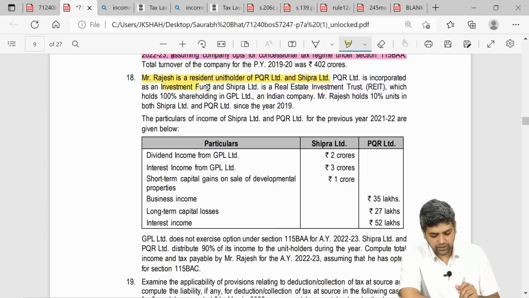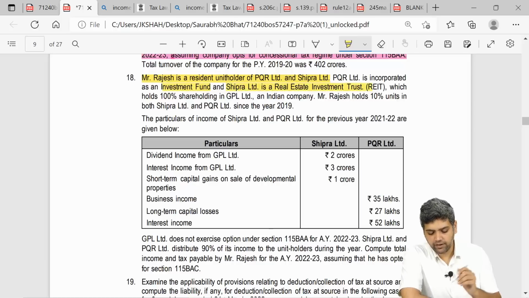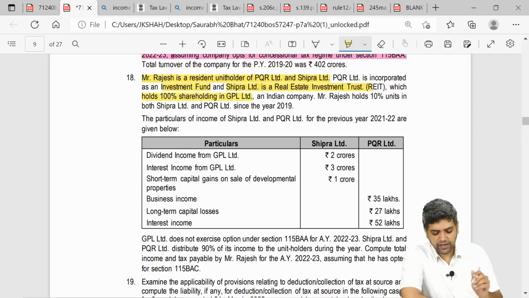PQR is incorporated as an investment fund, that is AIF, alternate investment fund, and Shipra Limited is a real estate investment trust, that is your REIT or business trust, which holds 100% shareholding in GPL Limited. So that GPL becomes my special purpose vehicle, SPV. Mr. Rajesh holds 10% units in both Shipra and PQR since 2019. The particulars of income of Shipra Limited and PQR Limited for the year are given below.